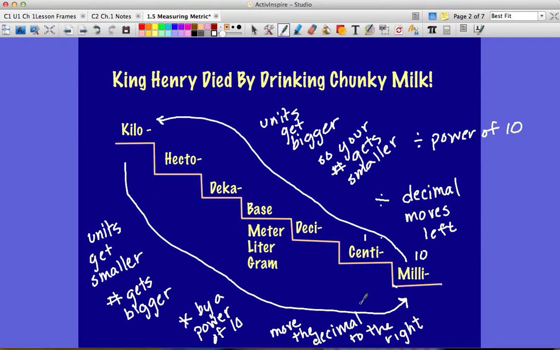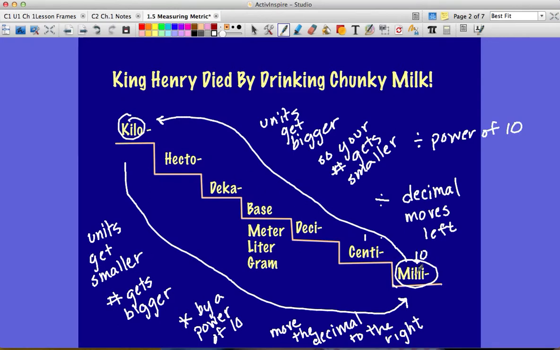So going down the stairs, you're multiplying by a power of 10, or you're moving the decimal to the right. Going up the stairs, you're dividing by a power of 10, or moving the decimal left. As you go down the stairs, your units get smaller, so your number gets bigger. The reason that happens is because you can fit a lot of these into one of these.